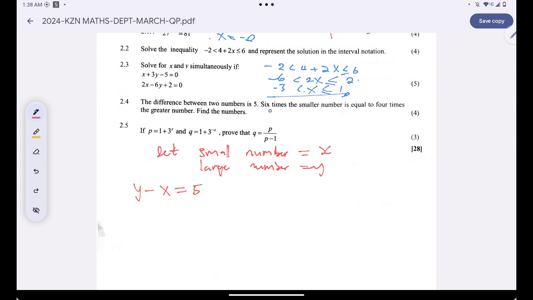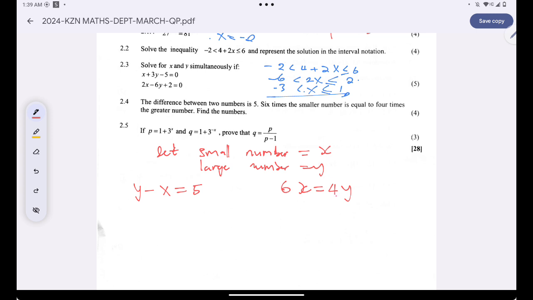Okay. 6 times the smaller number is equal to 4 times the larger number. This simply means that 6x is equal to 4y. 6 times the smaller number, which is x, is equal to 4 times the larger number, just like this. Are we together?